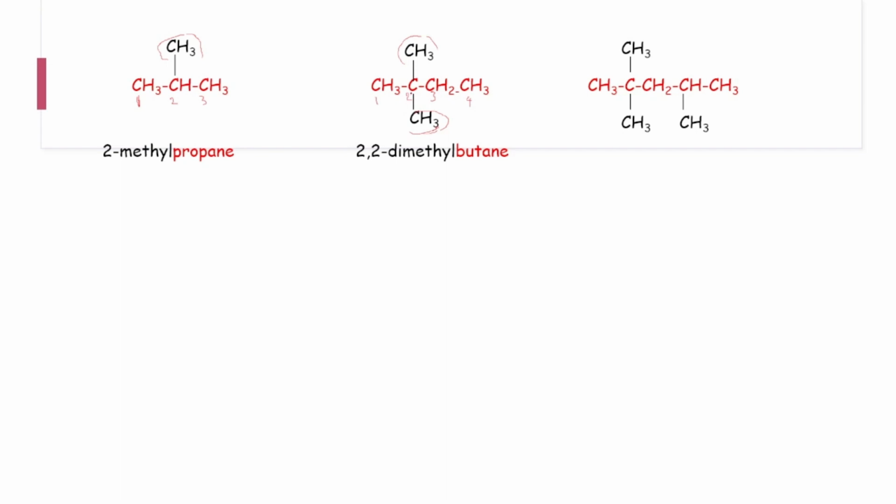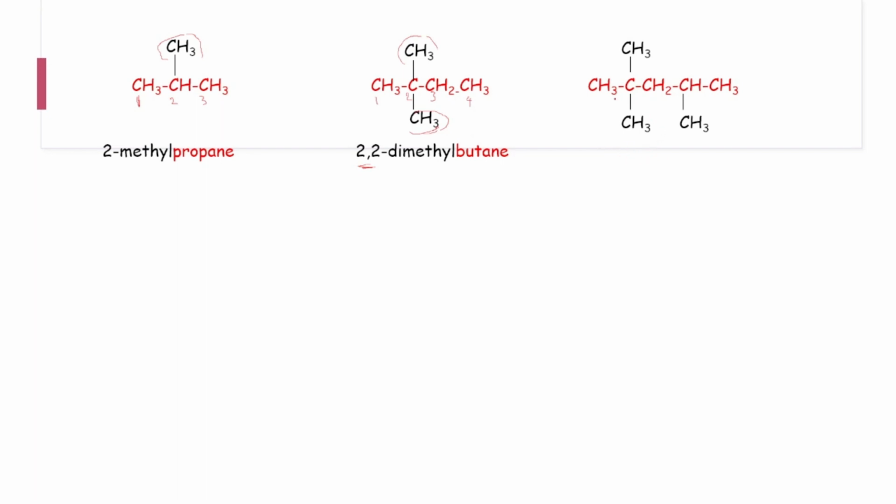So I say 2,2-dimethyl: two methyl groups means two methyl groups, butane. So this compound is 2,2-dimethylbutane. And always remember to use a comma between numbers, and a hyphen between a number and a letter.